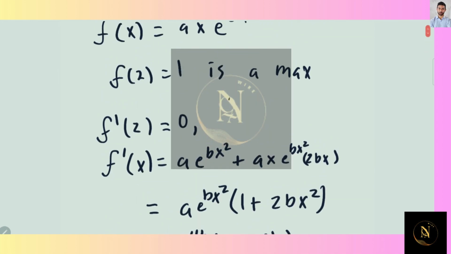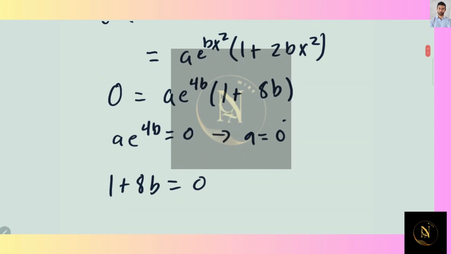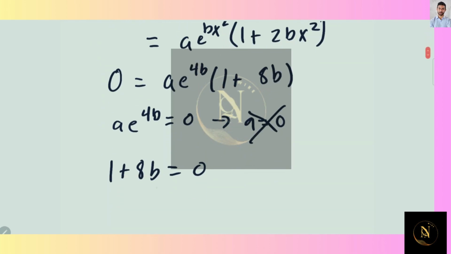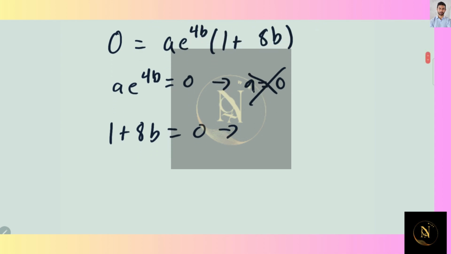But if we look at our original equation, if a is equal to 0, then f(x) is just equal to 0. So we don't want a equaling 0. So we'll find what b actually equals. Subtracting 1, we get 8b is equal to negative 1, so b is equal to negative 1/8, and that's what we want to use.